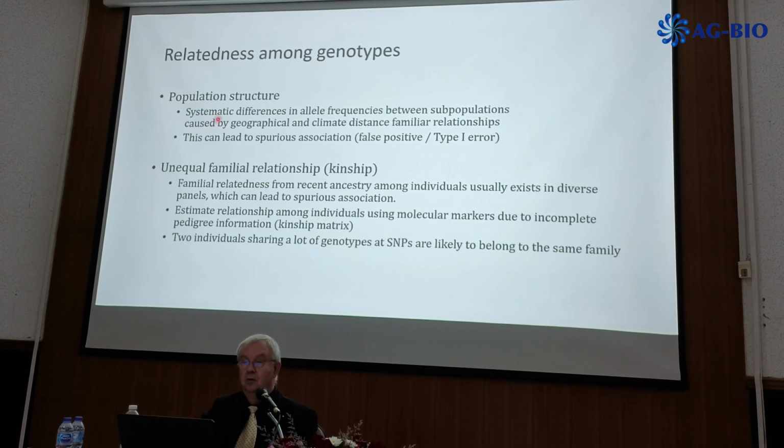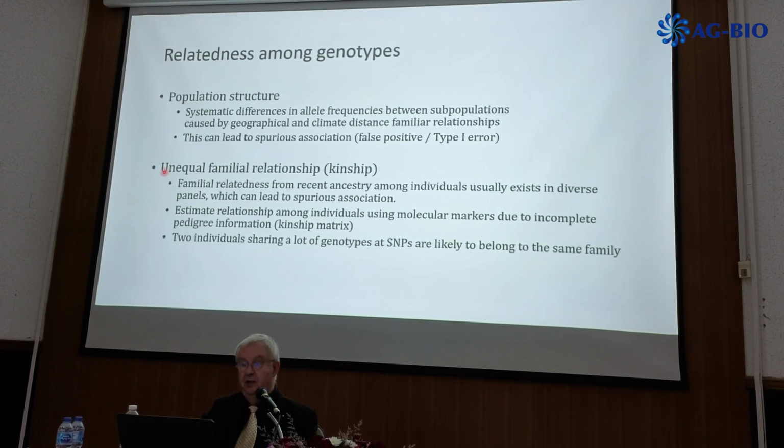Okay, so I mentioned already that population structure is important. Two statistical phenomena are used for the relatedness among genotypes. One is the population structure, which is essentially the systematic difference in allele frequency between subpopulations caused by geography, climate change, and family relationship. This can lead to quite a lot of false positives.